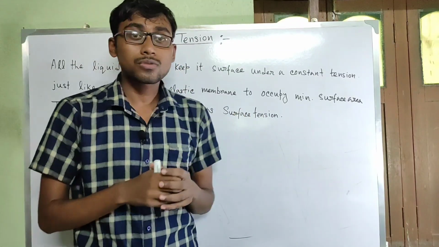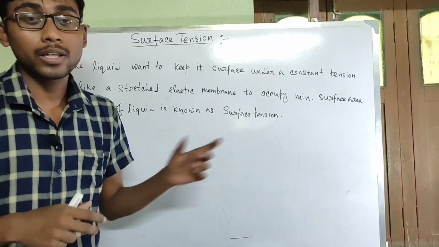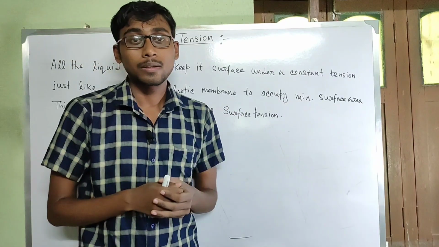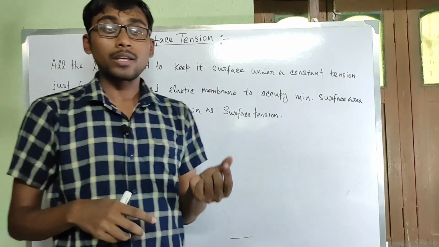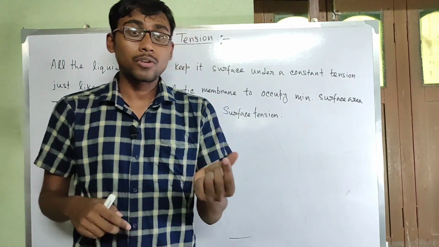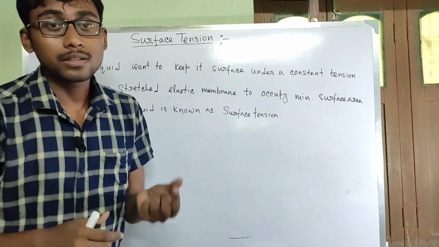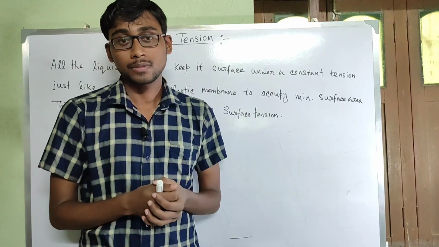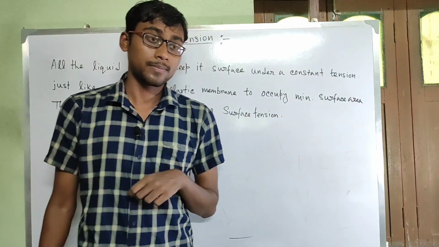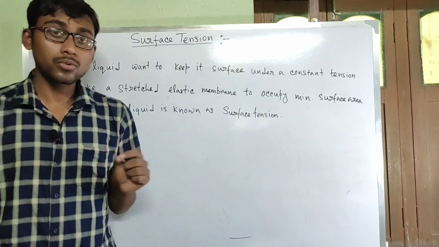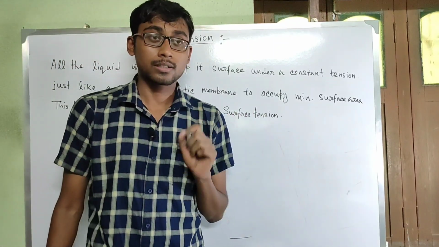Why does it want to occupy minimum surface area? Why are liquid drops or raindrops spherical in shape? This is our main topic today. We will discuss more about it later.